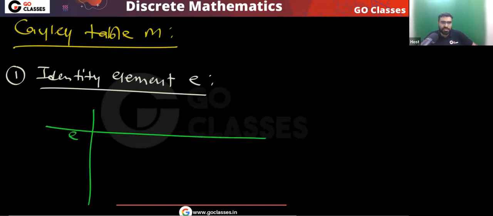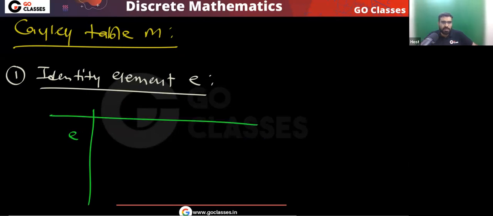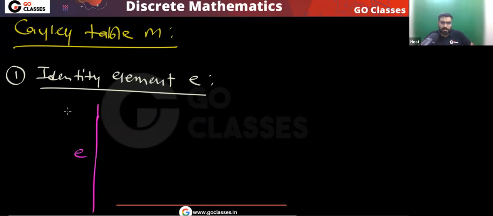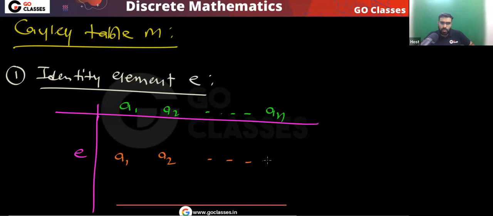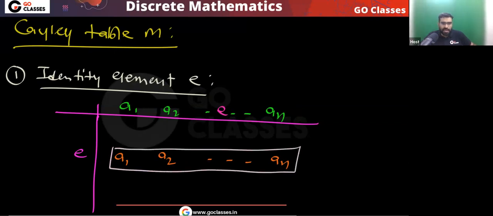If the header is A1, A2, and so on, AN, then the row of E also will be the same. This row of the identity element will be the same as this header.